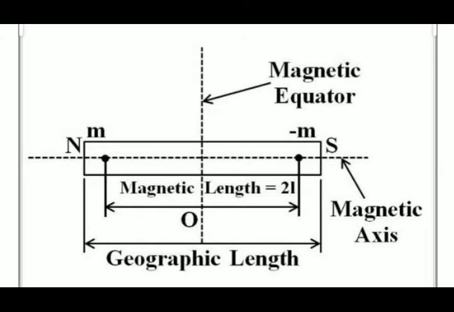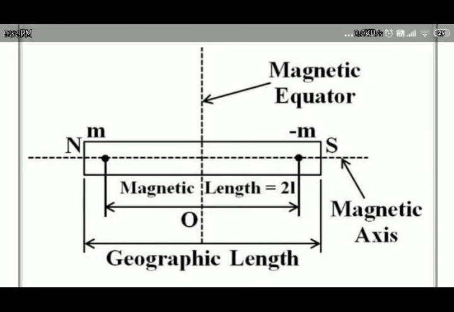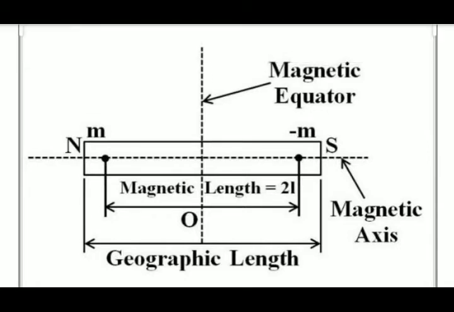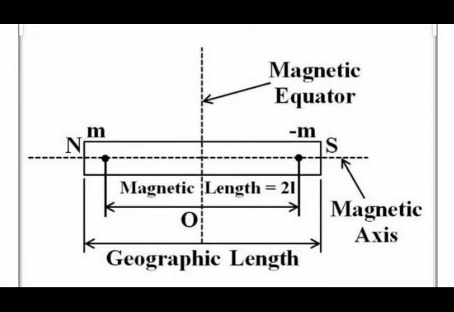Now as you can see here, we are having a magnetic equator, then we are having a magnetic axis.